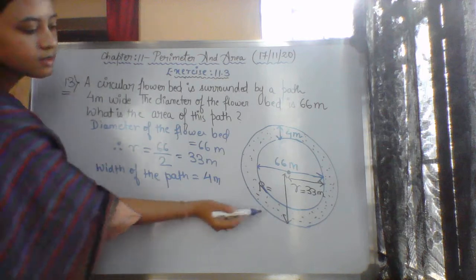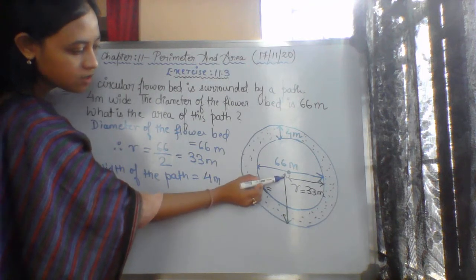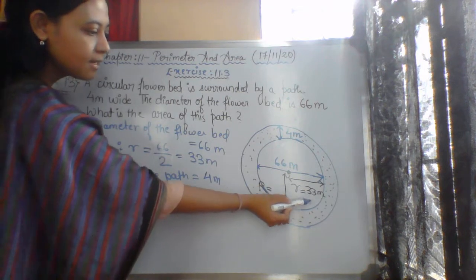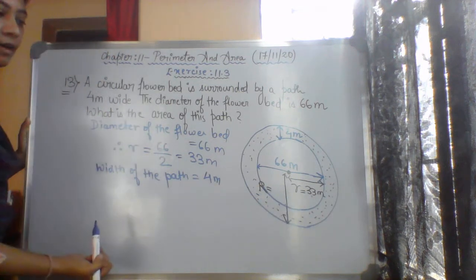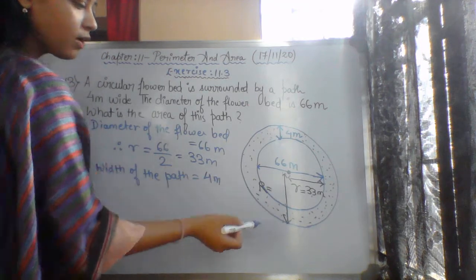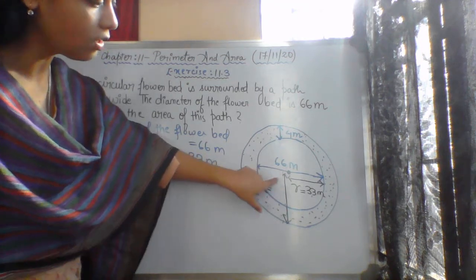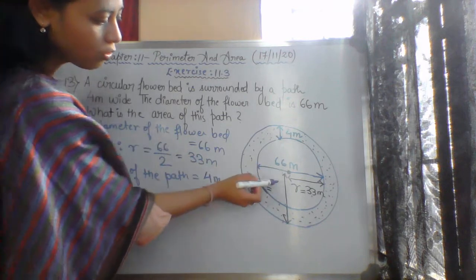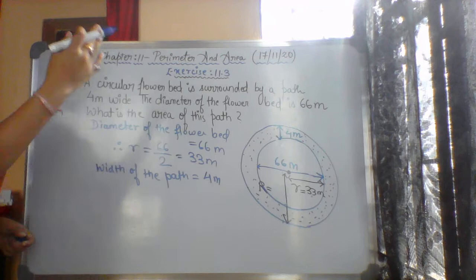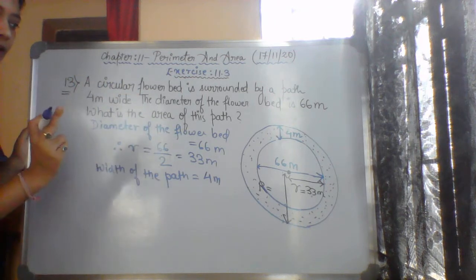And how much is this part? It is the radius of the smaller circle only, which I have already got as 33. So how can you find the total radius here? This plus this width gives the radius of the complete, greater circle.